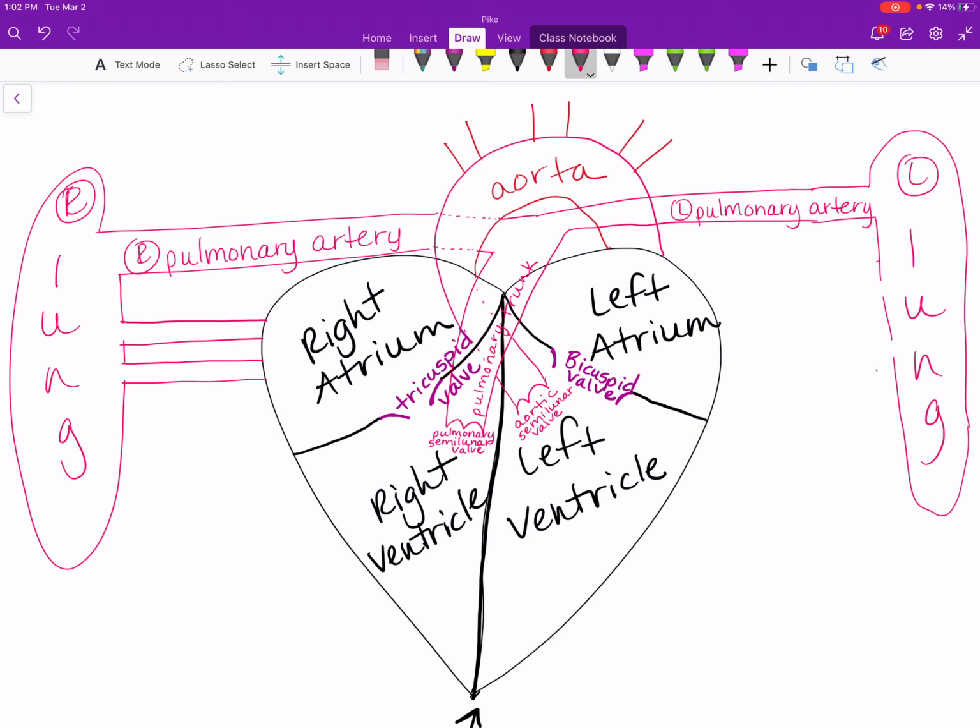These are my right pulmonary veins, bringing blood back to the heart from the lungs. Pulmon means lungs. I'm going to do the same thing over here. These are my left pulmonary veins.